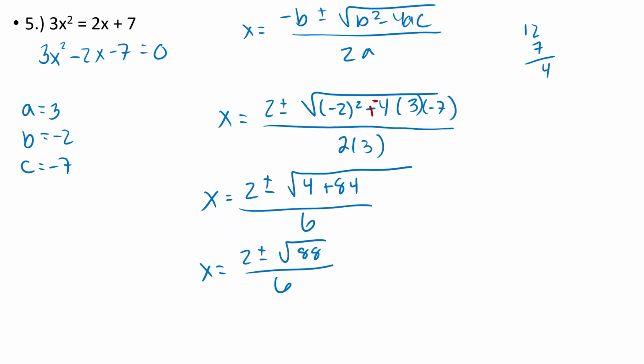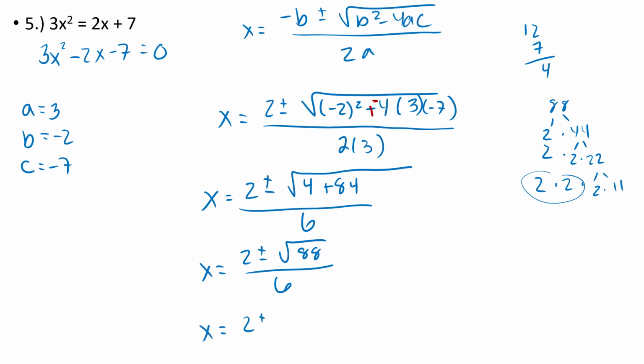So we're gonna have to do a little bit of work there. So it's divisible by 2. So I'm gonna go 2 times 44, and this will be times 2 times 22, and this will be 22 times 11. So there's my perfect square.